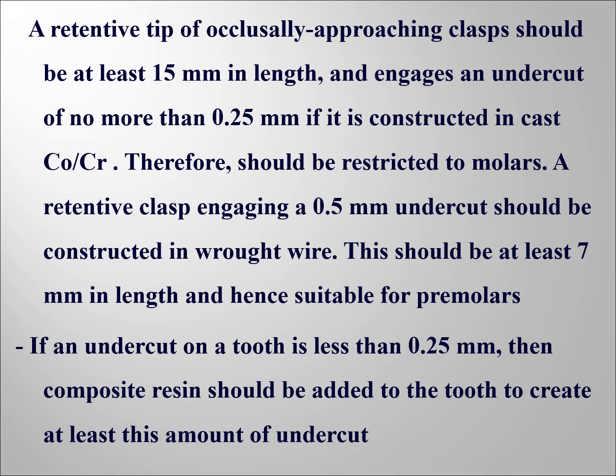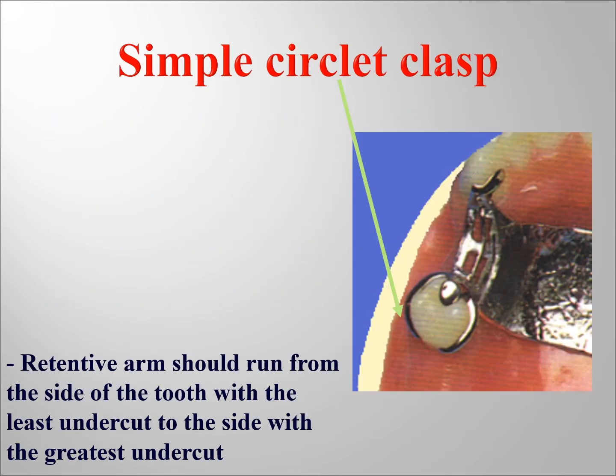If you have a deeper undercut or a smaller tooth, for premolars for example, you use wrought wire or a different kind of clasp. Now, if the undercut on the tooth is less than 0.25, this is insufficient to provide the amount of retention needed. You should build up a bulge in composite resin added on the tooth surface to create at least the amount of undercut needed.